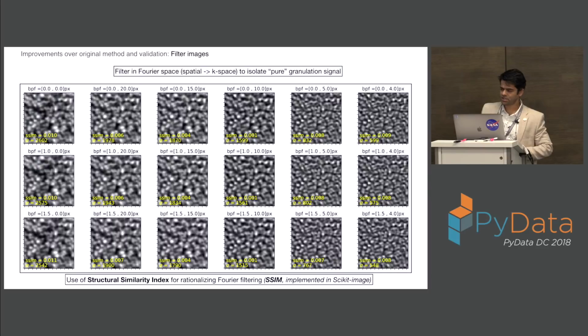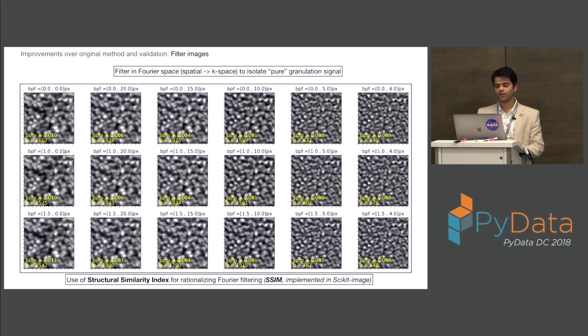During my PhD, I did some random guess until it looked nice, but that was very qualitative. More recently at NASA, experts in image processing told me, hey, you could use something called the structural similarity index. That's one example of how you can best select the scales that you want to track.